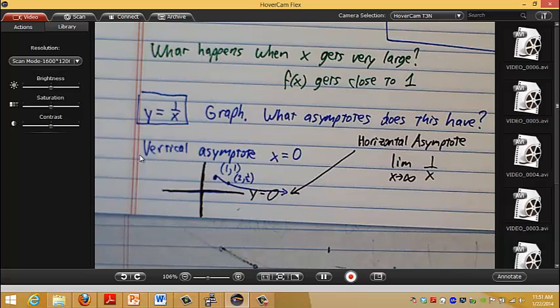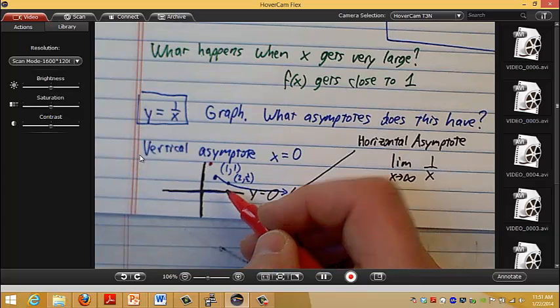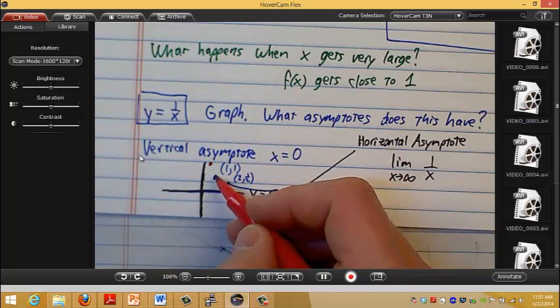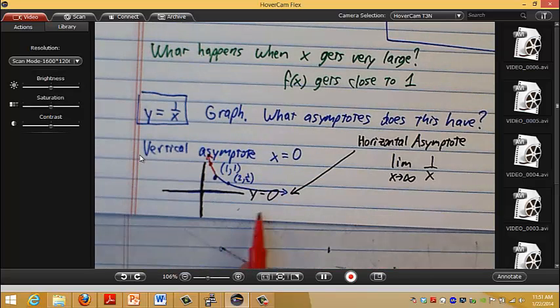Give me a fraction. 1/2. What's 1 divided by 1/2? 2. So you're up here. If you plug in 1/10, the output's 10. It grows without bound. You can really see these horizontal and vertical asymptotes. And on the negative side, same thing, but negative. This is called a hyperbola.